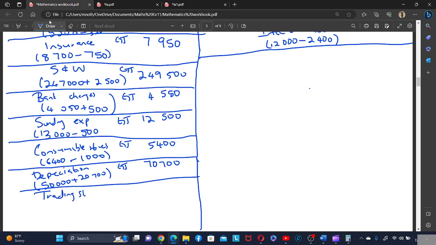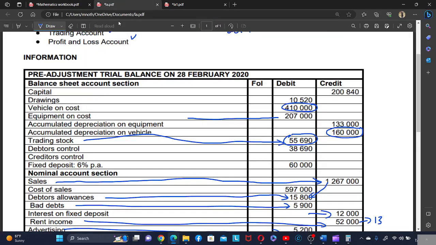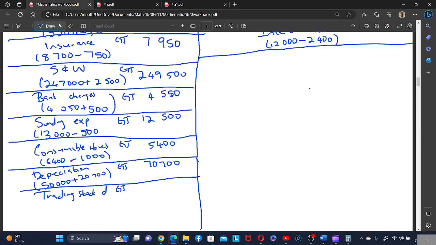So it's 55,690 minus 55,000, which is going to be 690.